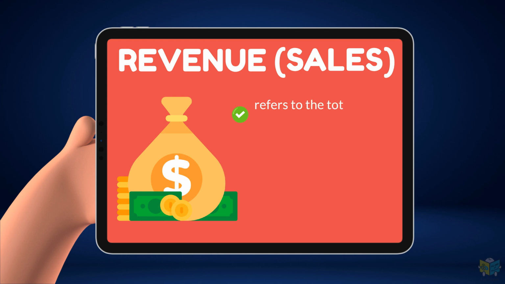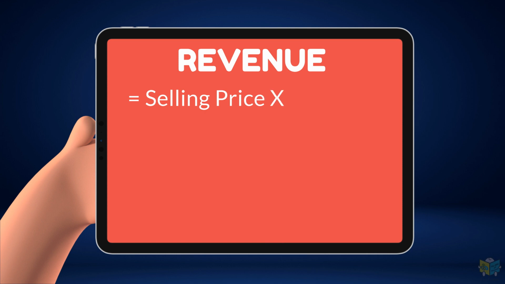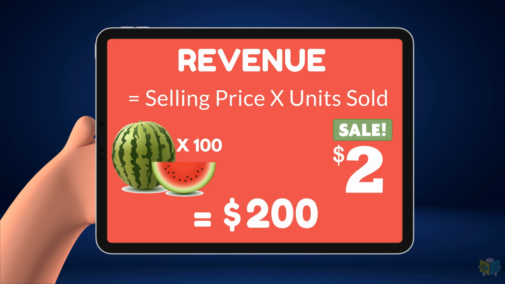Revenue refers to the total income generated from selling the goods or services. Revenue can be calculated by multiplying the selling price with the number of units sold. For example, if 100 watermelons are sold for $2 each, the total revenue is $200.